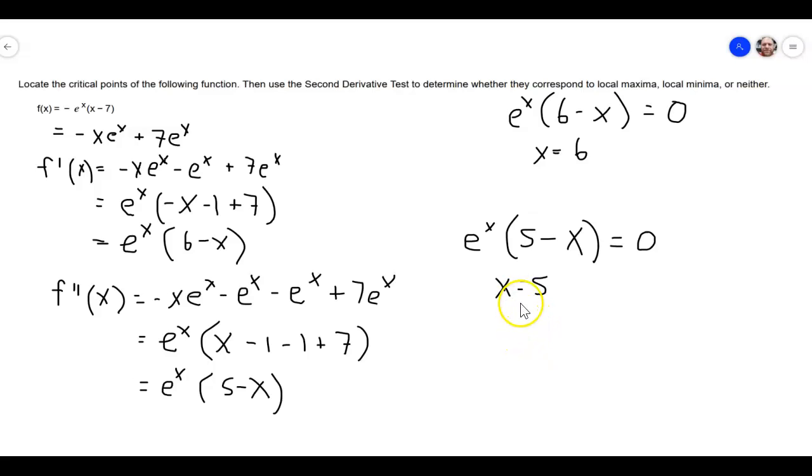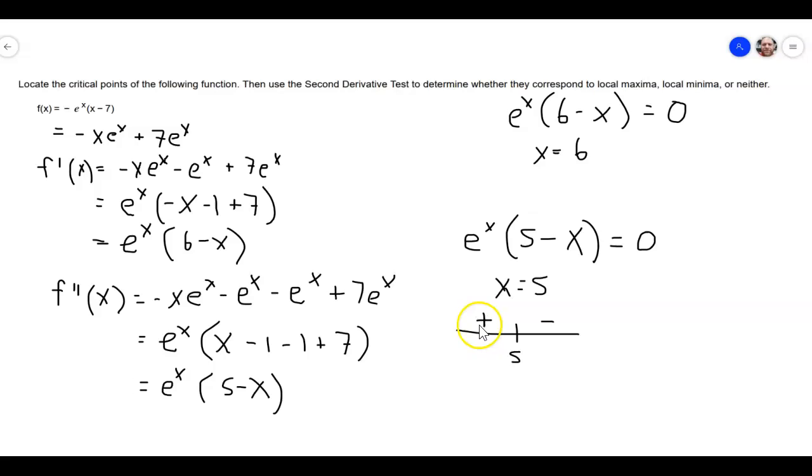So now we're going to look on both sides of this 5. I've got to do a number line here. So I've got my 5 and greater than 5. If x is greater than 5, that's going to make 5 minus x negative, like 5 minus 6, that'll be negative. e to the x is going to stay positive, so that'll be negative over here. And if x is less than 5, this will be positive, and this will be positive, so that'll end up being positive.